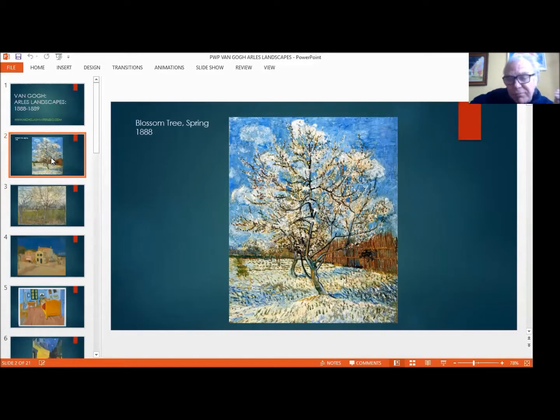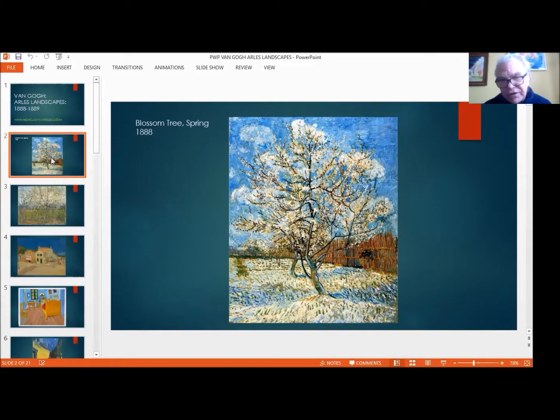The only member of the family from whom Vincent receives any kind of support is his brother Theo, who by now is working for the same company, Goupil & Co, but he's running their Montmartre branch, which shows the more advanced paintings, and is beginning to show the work of Impressionists like Pissarro, Monet, I think Degas.